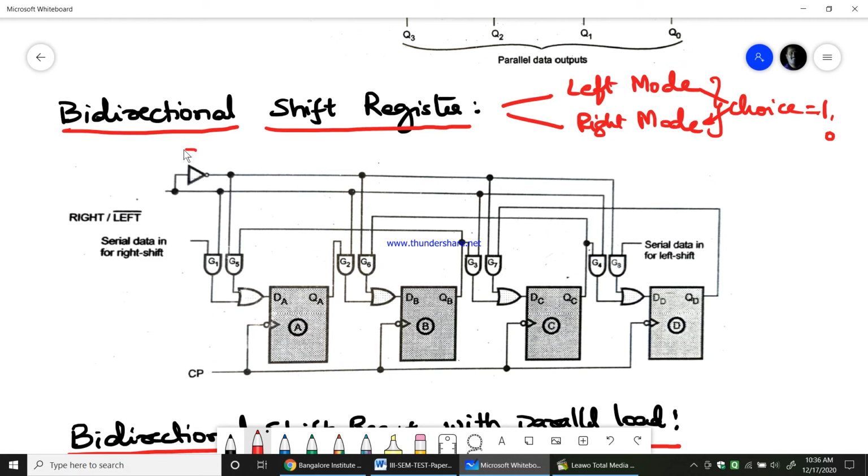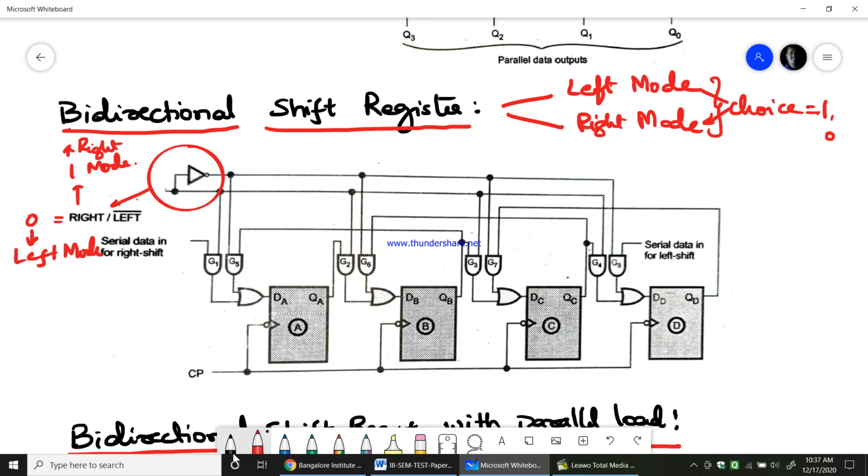That choice, whatever we are giving, is this NOT gate connected to this particular right/left bar. Now if the input for this right/left bar is 0, then it works as a left operation, left shift or left mode. If this input is 1, then this works as a right mode. Now you see how it works.